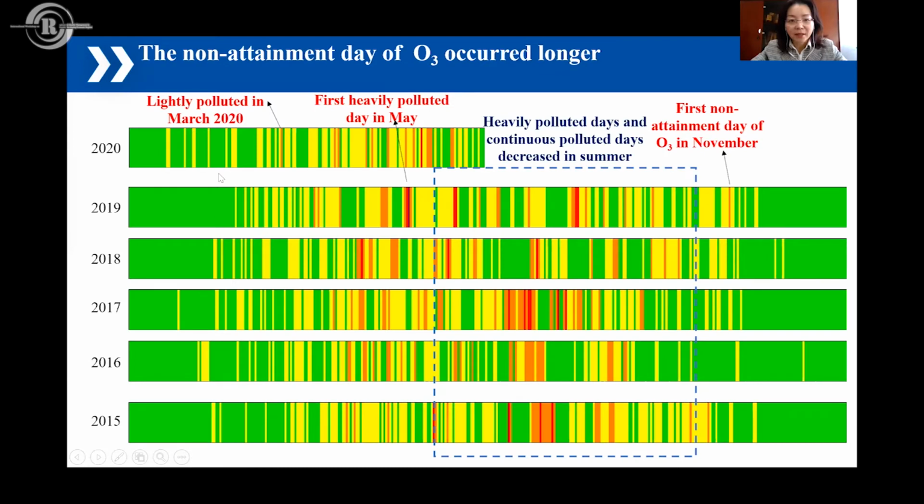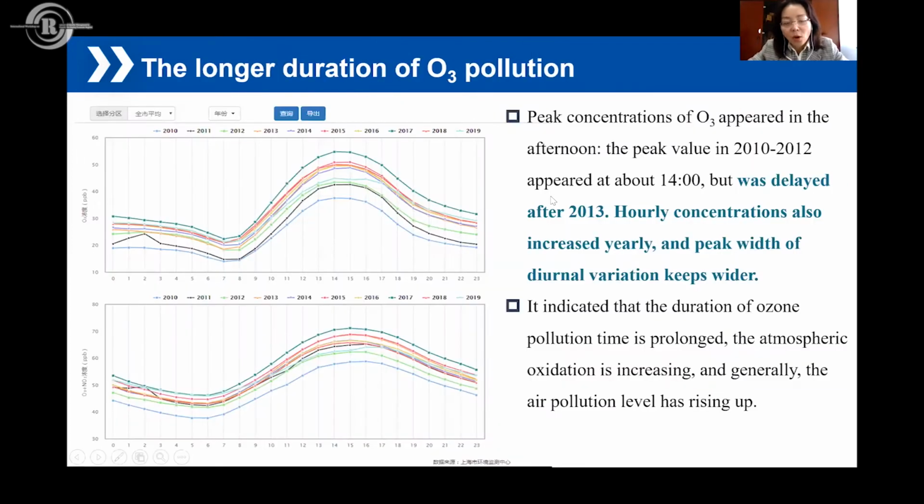From this slide, you can see that the non-attainment days of ozone have occurred longer and longer. Not only the occurrence of days over the whole year, but also the duration of the ozone pollution during the daytime has become longer; the peak width has become wider in Shanghai annually.